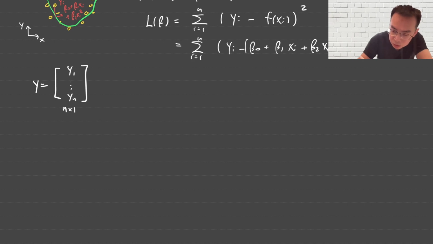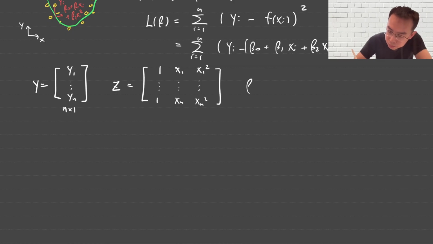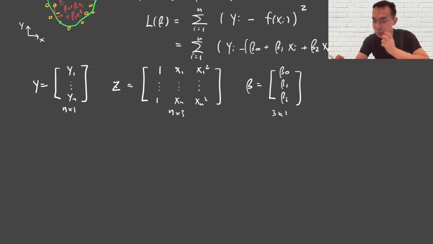And then here I'm going to define a matrix Z to be this way: 1, x1, x1 squared, and then all the way to 1, xn, xn squared, and our beta is going to be beta 0, beta 1, beta 2. So Z is an n by 3 matrix, and beta is a 3 by 1 vector.